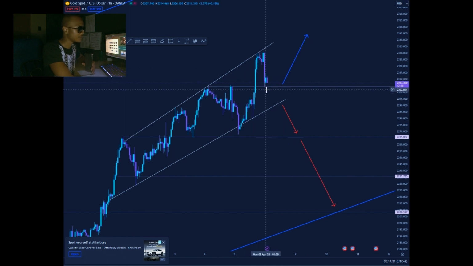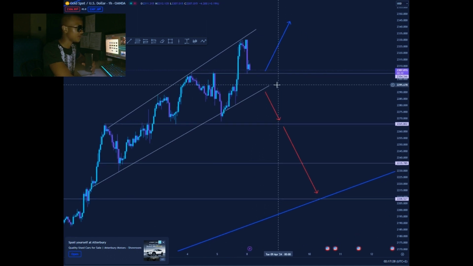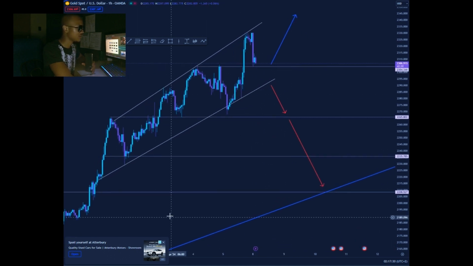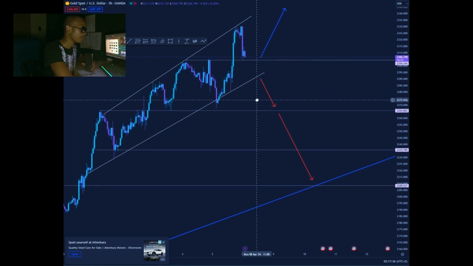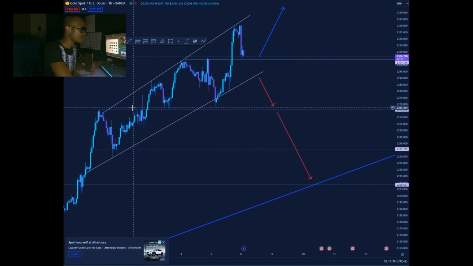If the market broke below and now this zone is a resistance, it means that the market is willing to sell. To further confirm the sells, we are going to wait for a break below the support trend line over here and the break of this nice support zone over here to confirm the continuous sell.